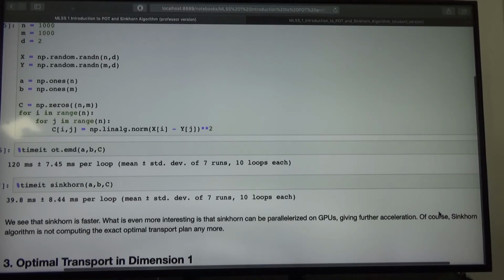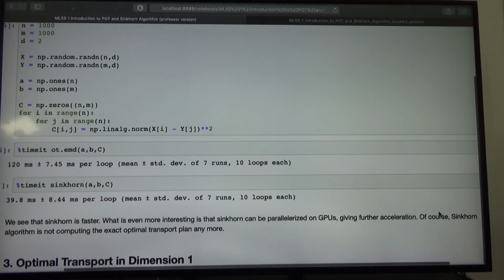In practice, you may have much more than 1,000 data points. And what's good is that for the exact LP solution, it really cannot go beyond a few thousands. So if you have 50,000 points, you're never going to actually compute this. But if you use Sinkhorn, you can actually do it.